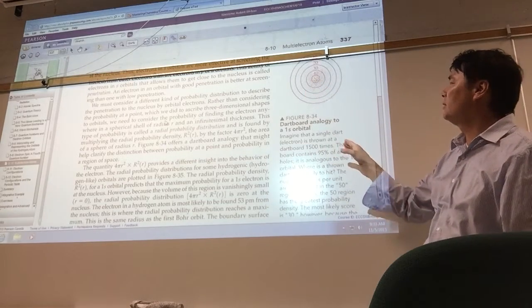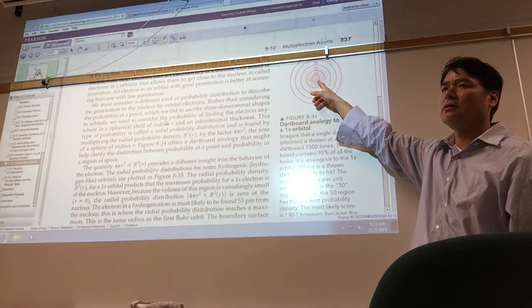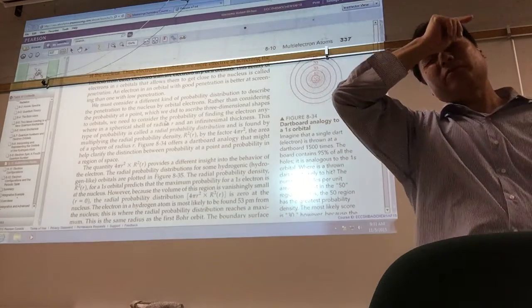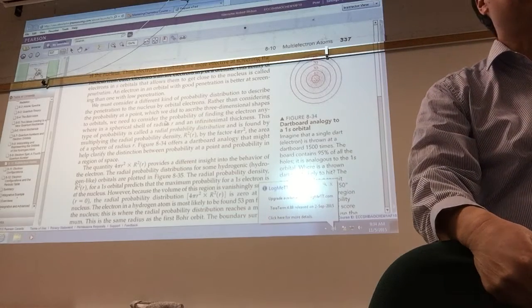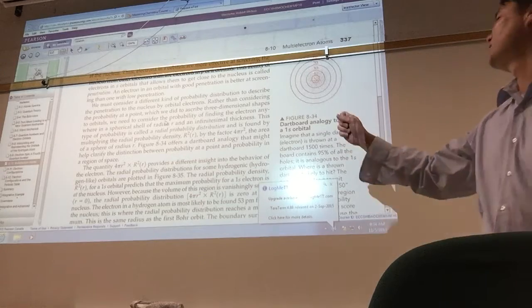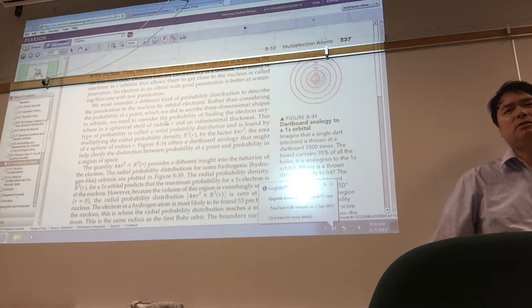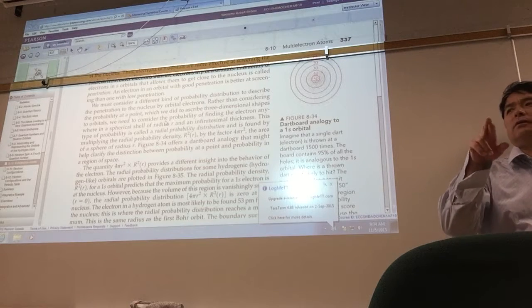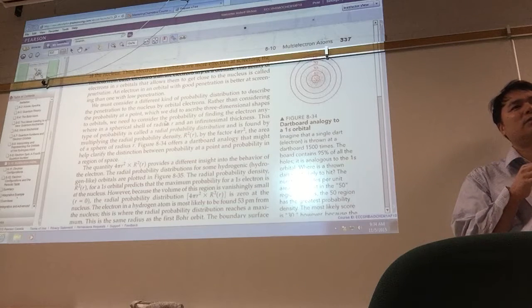And so right at the nucleus, we're going to have the peak probability of finding an electron. So where would the most probable distance for the electron be? Well, if the highest probability is right at the nucleus, then wouldn't that be the most probable distance from the nucleus? Not inside the nucleus, but at the nucleus.